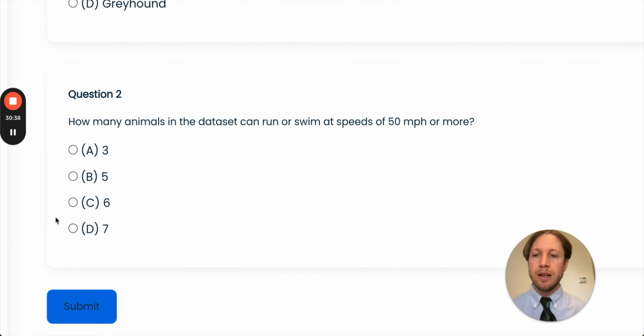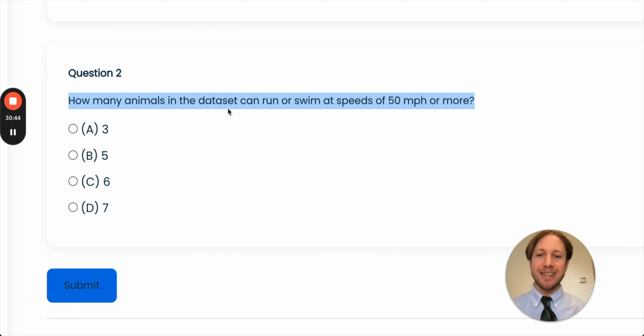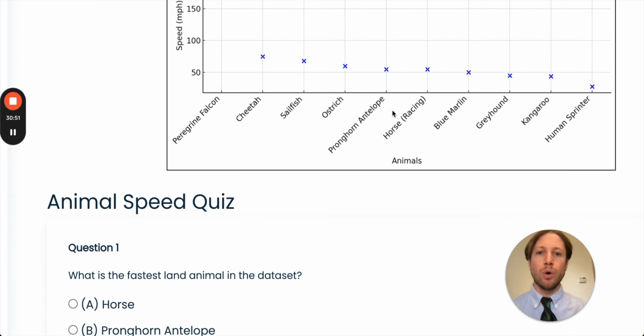That's a good sign. Let's go on down to question number 2, which reads, how many animals in the data set can run or swim at speeds of 50 miles per hour or more?